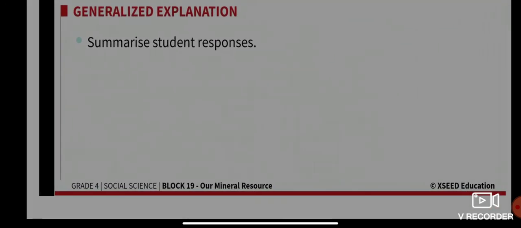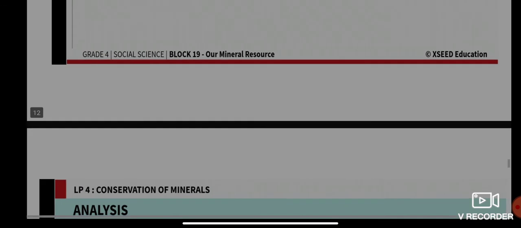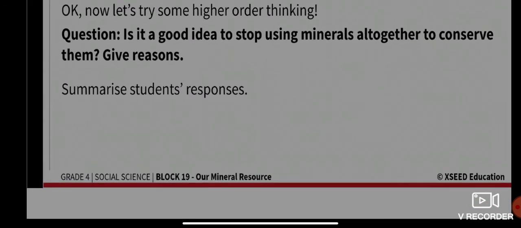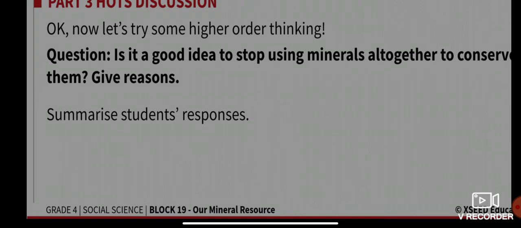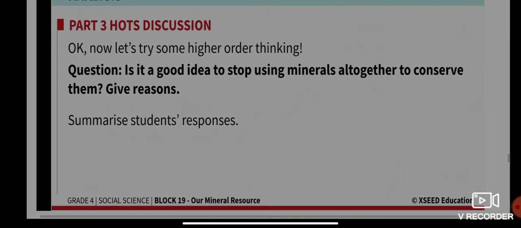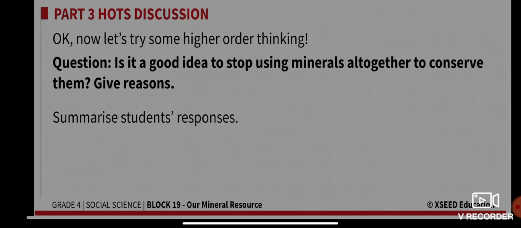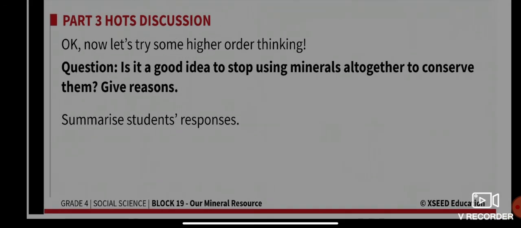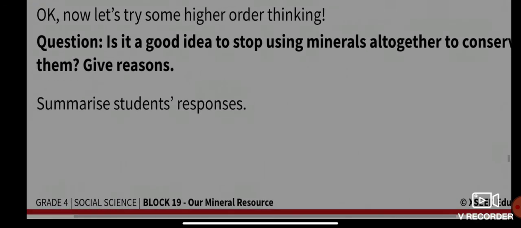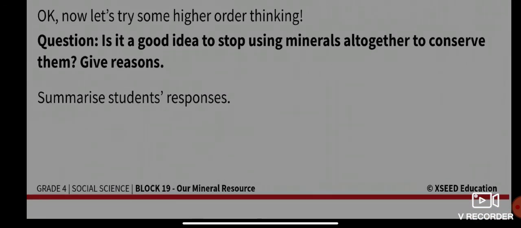So see, your answer will be, some may say yes, it is a good idea. Some say no, it is not a good idea. Maybe there is a reason behind that. In order to do that, what you have to think is that without minerals, we will suffer. Think about the cars that you see in the city or in the town.